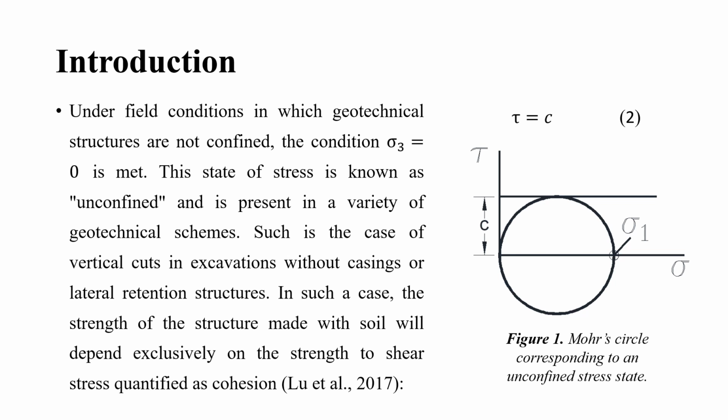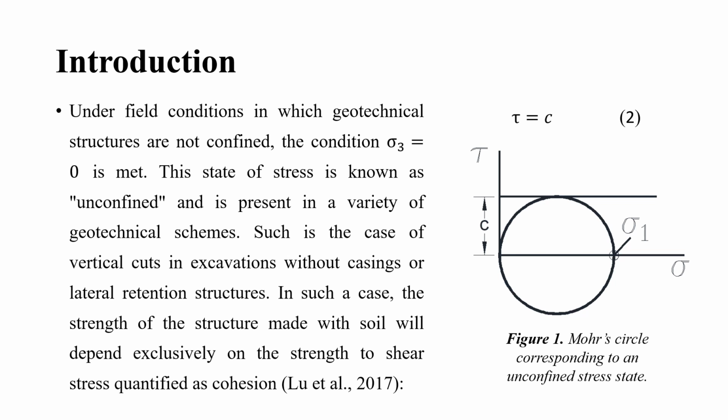Sigma 1, which is selected here on the right-hand side of the circle, represents the stress that the soil is being subjected to. This is the stress that the geotechnical structure subjects the soil to when it comes to representing the tensile strength of soils.